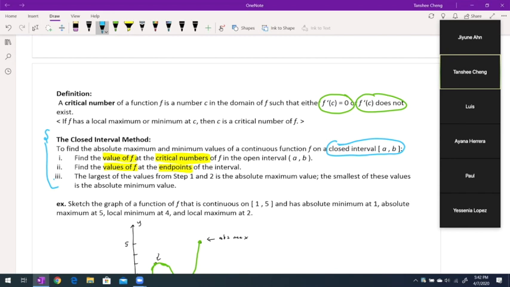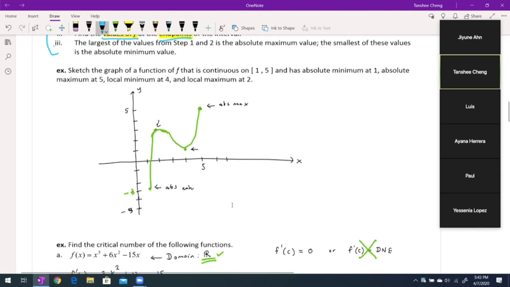First, you need to find the function value at critical numbers, and you need to find the function value at the endpoints, and then compare them to see which one is the largest and which one is the smallest, so that we will be able to identify absolute max and absolute min, and at which points, right? At where. Any questions before I go back to the example? All right.